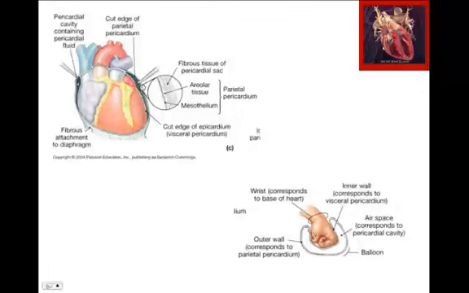So this layer right here is the visceral pericardium. Now this membrane folds back on itself here, and this outer layer out here is called the parietal pericardium. So this here is the visceral pericardium because it's right up against the viscera. It's right up against the heart.